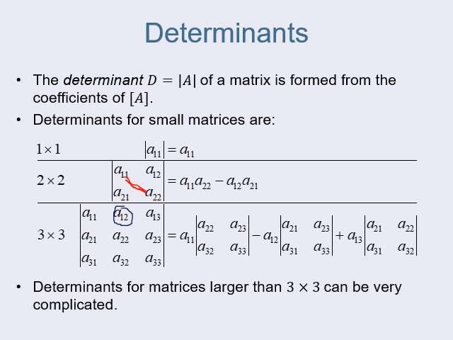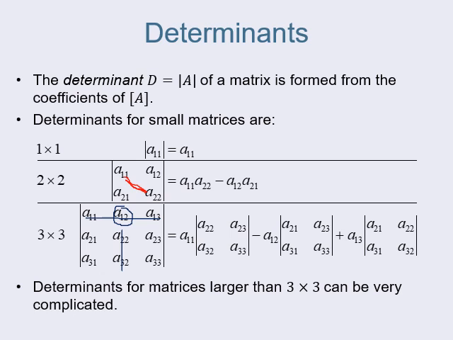You cross out the row and the column of that element, and what is remaining is A21, A23, A31, A33.